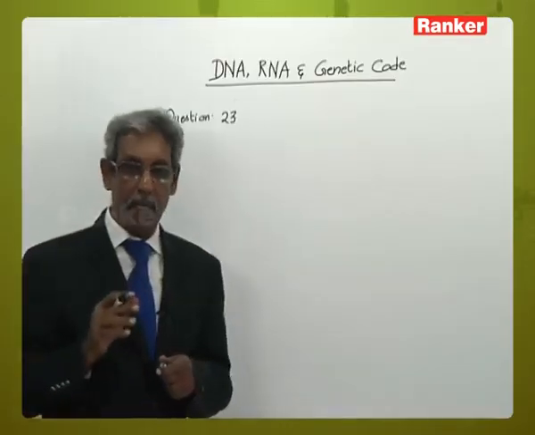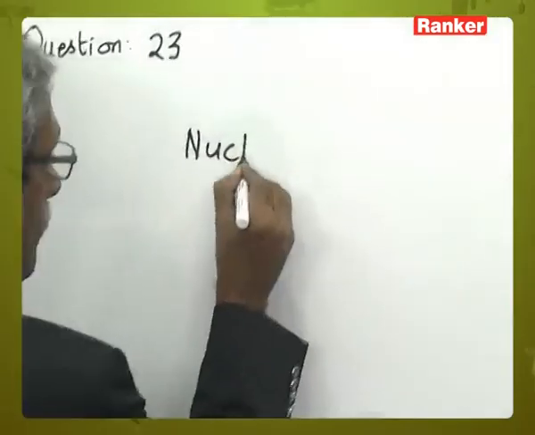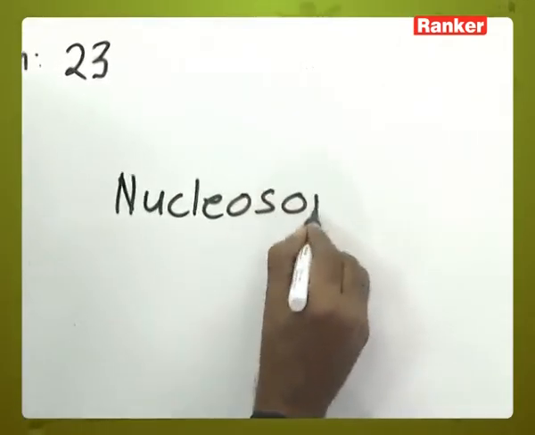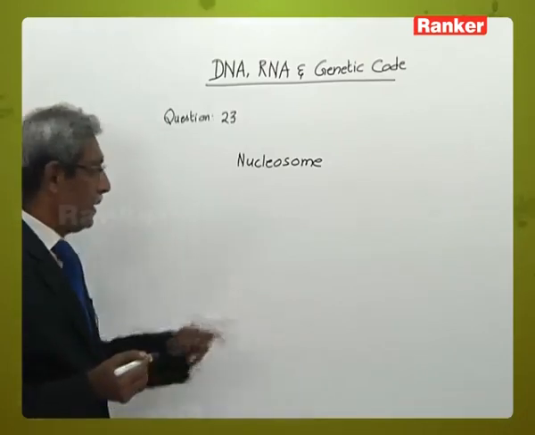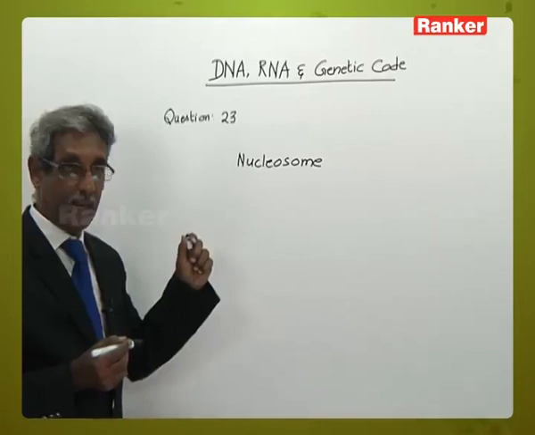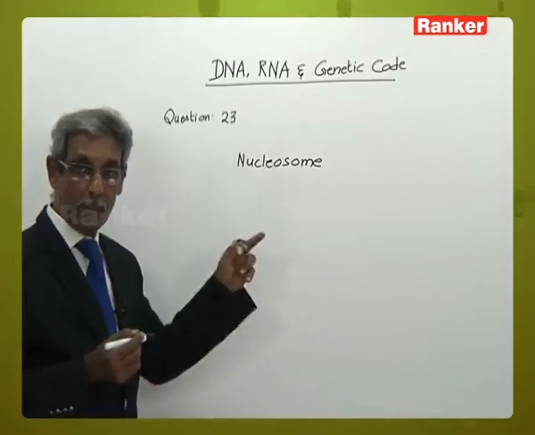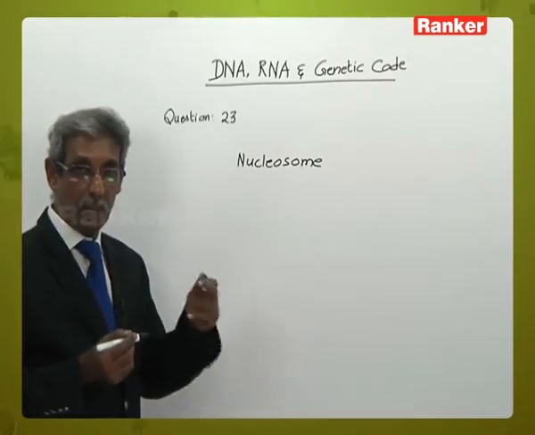Question 23 asks about the core of the nucleosome. The nucleosome is predominantly made up of chromatin material, a nucleoprotein material. Nucleosomes are responsible primarily for the coiling and arrangement of the DNA and the proteins in the chromosomes.